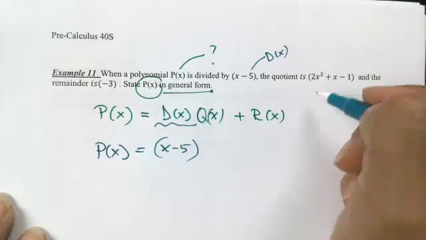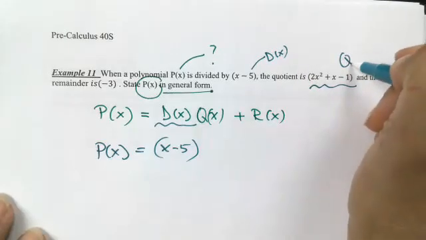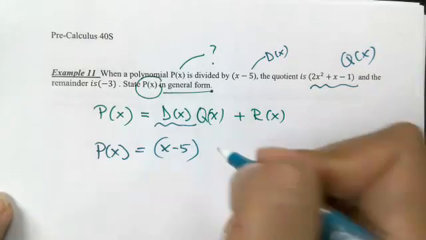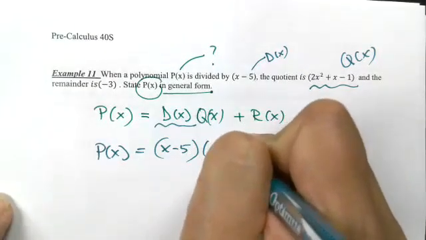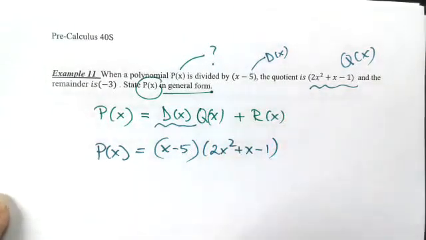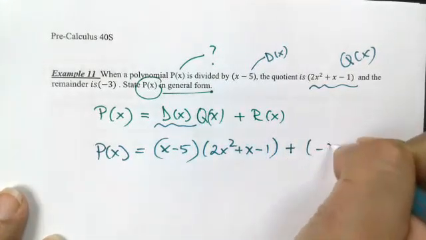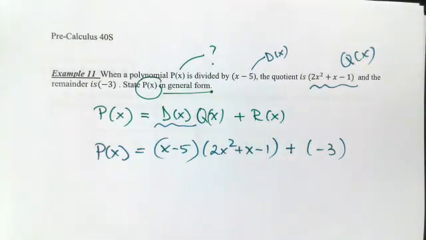Yes, because it's telling me right there: the quotient is 2x squared plus x minus 1. So I'm replacing it into the statement. And the remainder is -3, plus -3. So I add the remainder.